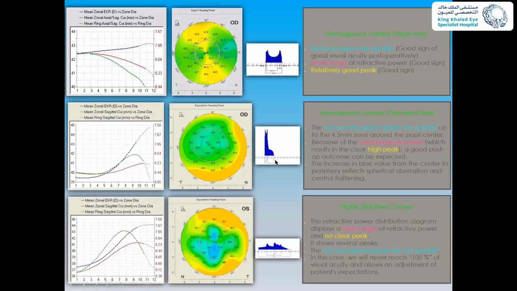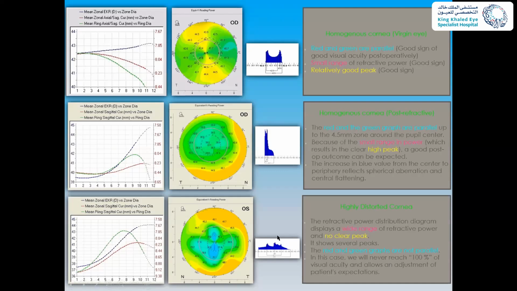So again, I don't think you need to go into the details. If I see something like this with a good peak, this is basically a virgin eye. So this is how it looks. If it is post-refractive surgery, we don't have time to discuss why it is like this. We can discuss later, or we can have a full talk on EKR.